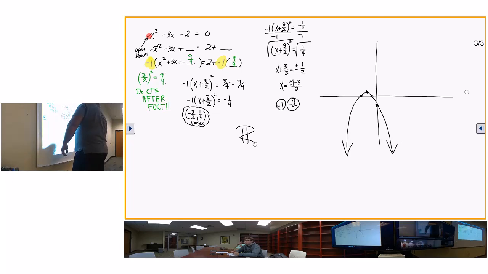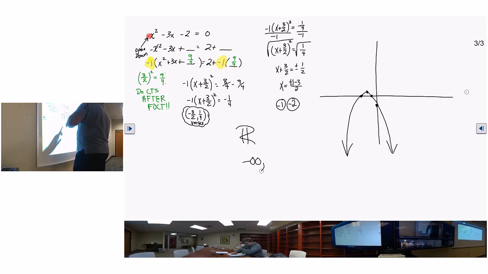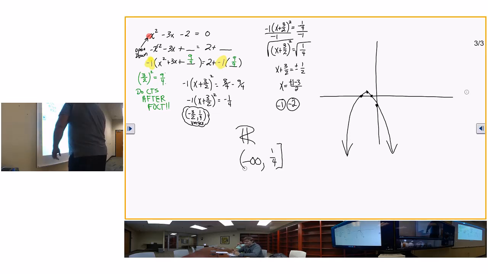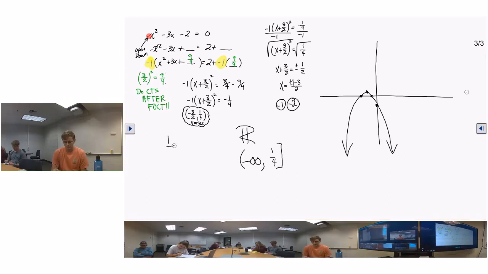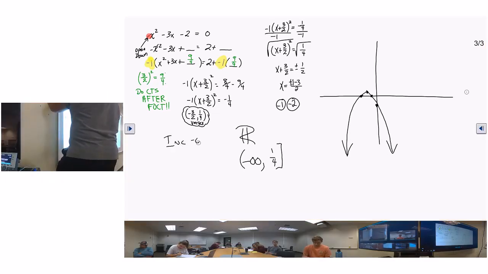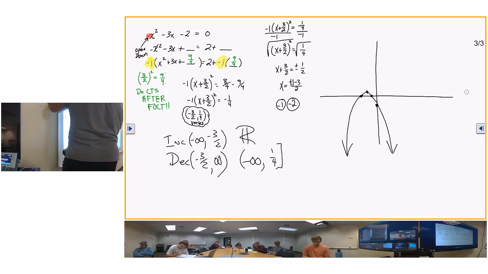Range is -infinity to -1/4. Increasing from -infinity to -3/2. Decreasing from -3/2 to infinity. And line of symmetry goes through the vertex x, which is x is equal to -3/2.